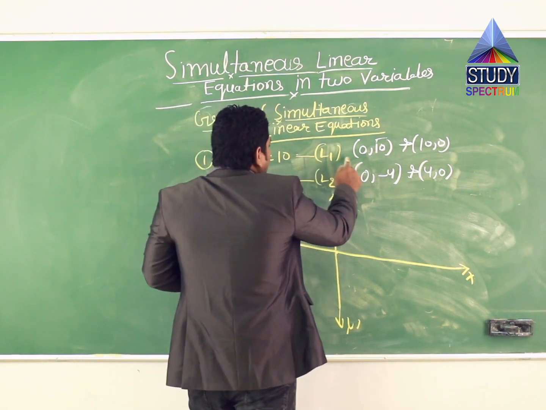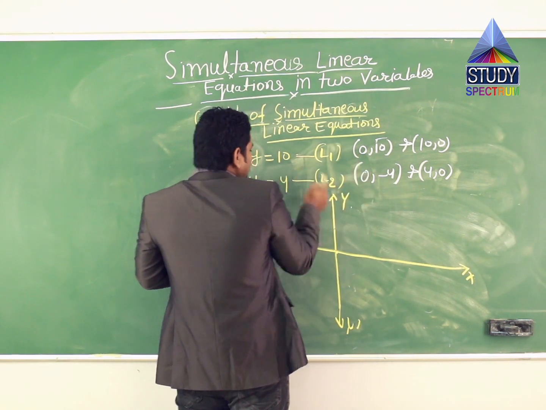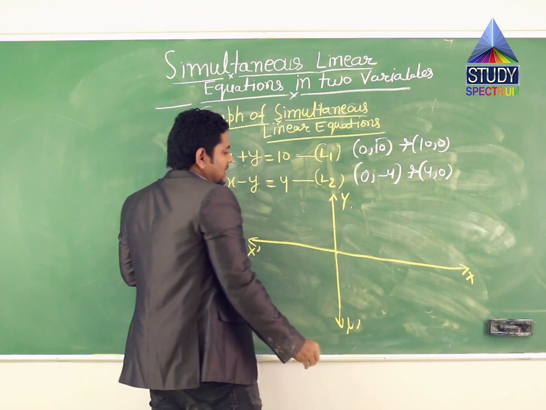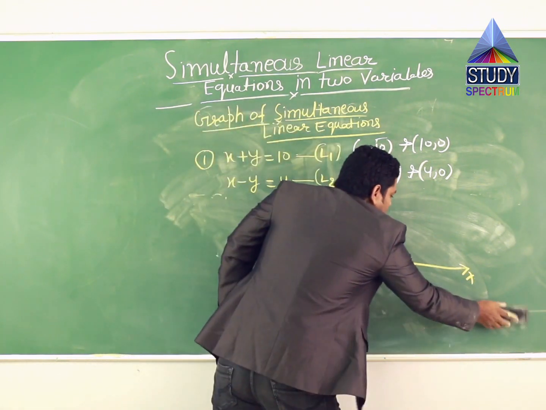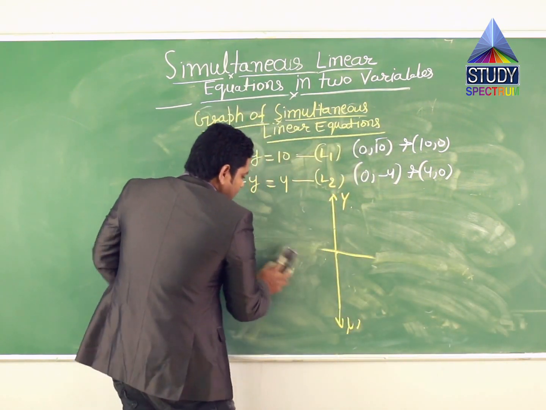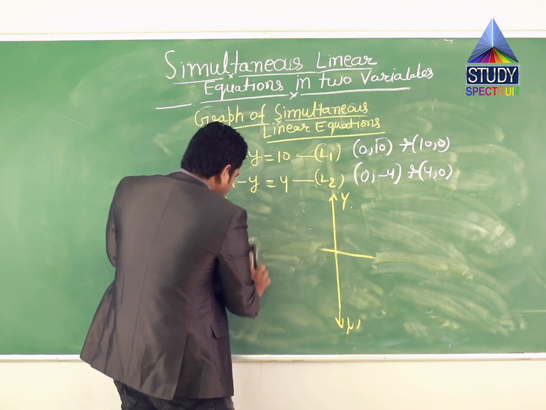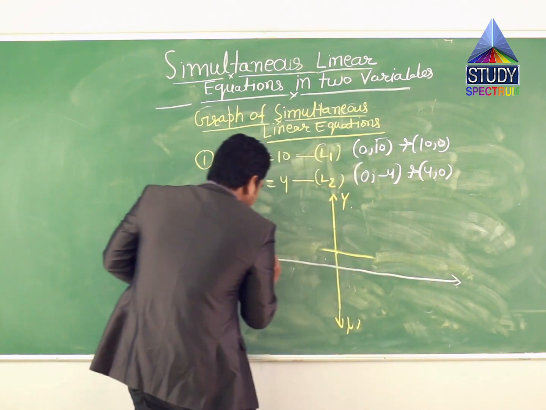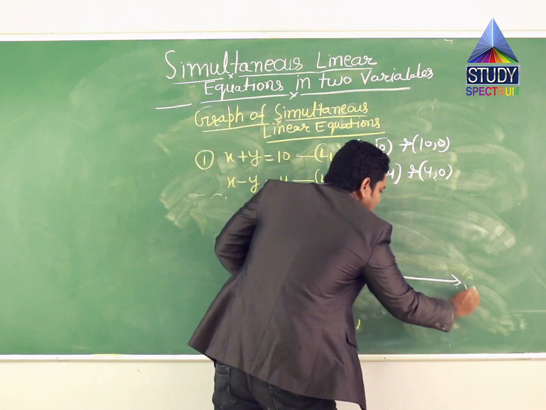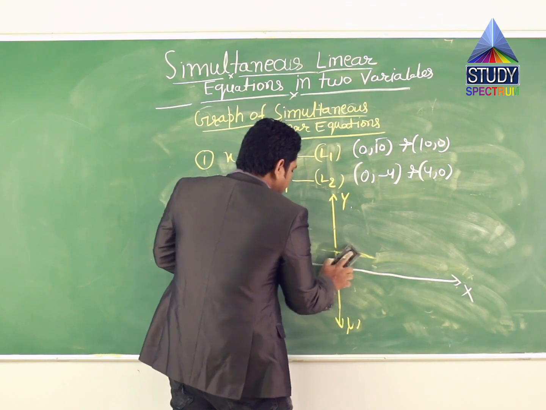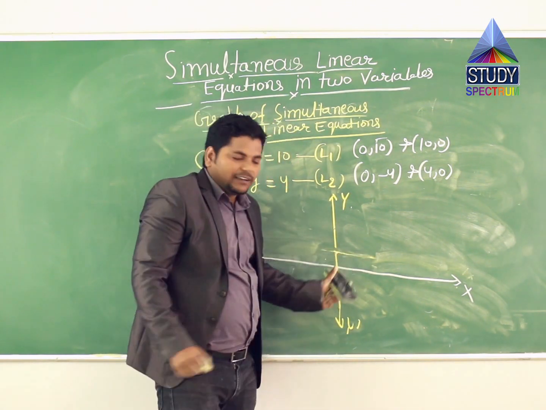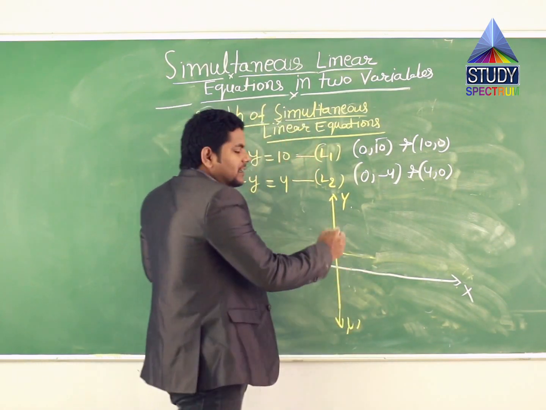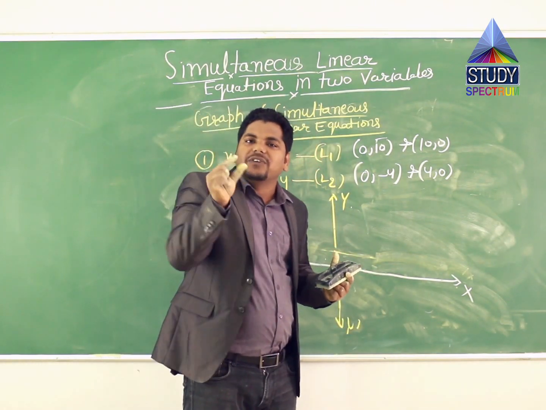For the first line we have 10 units in the x direction, and in the y direction we also have 10 units. So better we take it like this. Instead of taking 1, 2, 3, 4, 5, 6, 7, 8, 9, 10, better you take two units for one length.